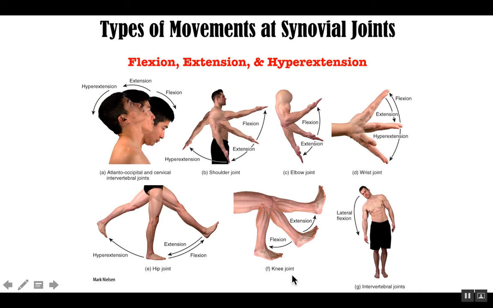That's when ligaments are torn. The knee joint is a hinge joint. It flexes and extends, and then you can also laterally flex the torso using intervertebral joints. So these are all different pictures, all different locations, but what's in common is we can flex, extend, and in some cases hyperextend at these joints.